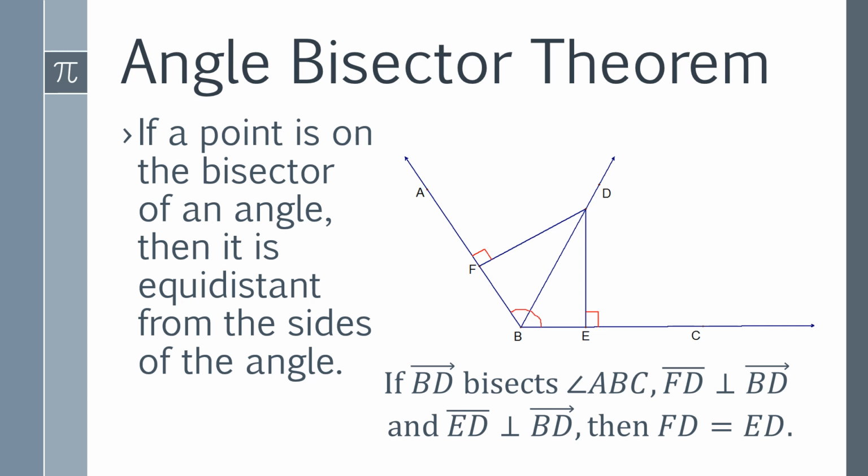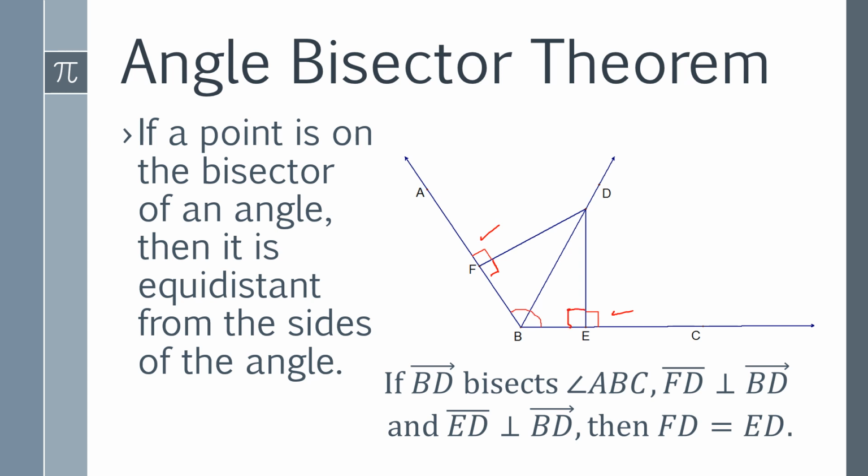Okay, so our drawing's off a little bit on this, but we're going to go through the proof anyway because it still works. So if we are on an angle bisector, we are given this information, right? This is perpendicular here, and this is perpendicular. Those are congruent angles, so that would mean these are right angles also.